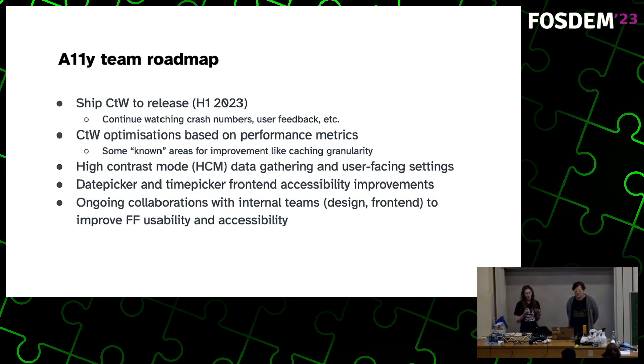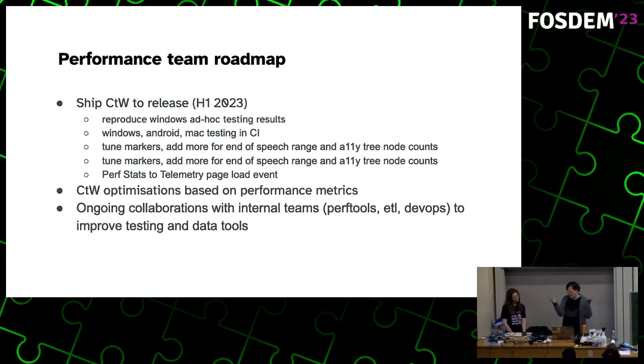We're also planning on working on optimizations based on the performance work that you're seeing here. We have a couple of optimizations in mind. We know we can improve on cache granularity, but this work will inform the work we're doing next. And then the performance team is going to really try to get these Windows results in, since we know it's so important. At the same time, we want to make sure that Linux performance doesn't degrade.